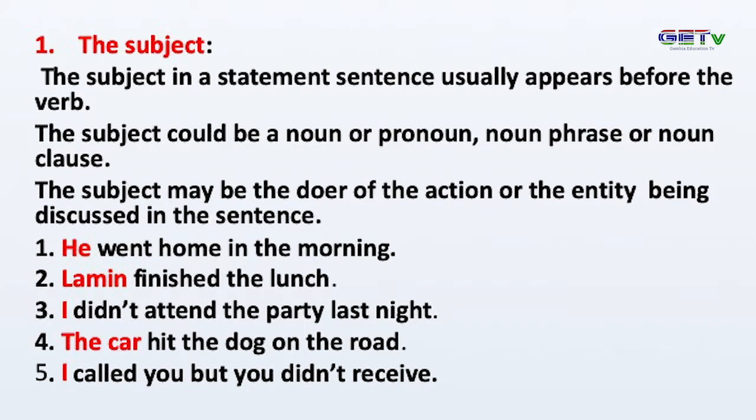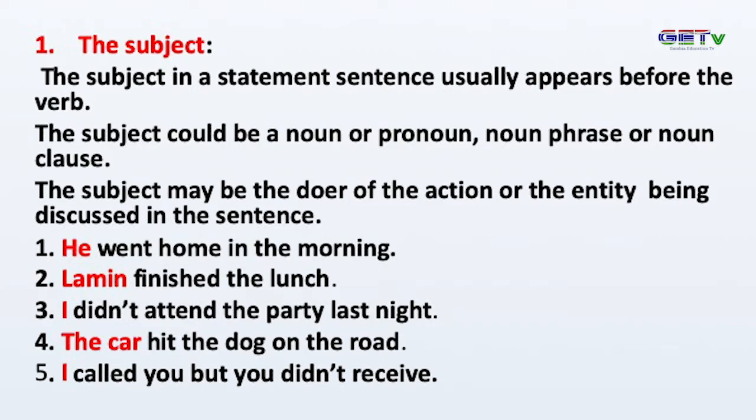He went home in the morning. Our subject here is he, a pronoun. What did he do? He went. Lamin finished the lunch. Our subject here is Lamin, which is a noun. What did he do? He finished the lunch. Number 3, I didn't attend the party last night.